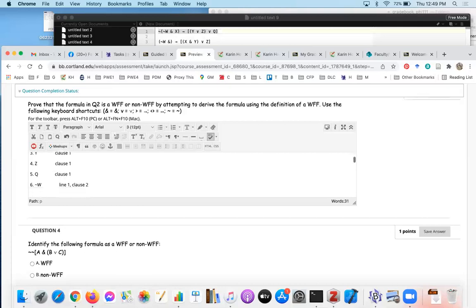Because clause 2 says that any well-formed formula with a negation in front of it is also a well-formed formula. So that's what makes line 6 a well-formed formula: clause 2, and the fact that we know W is a well-formed formula because we proved that on line 1. Okay, so now I need to make not W and X.